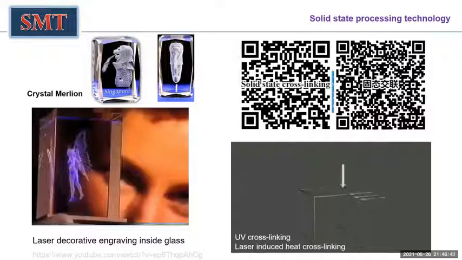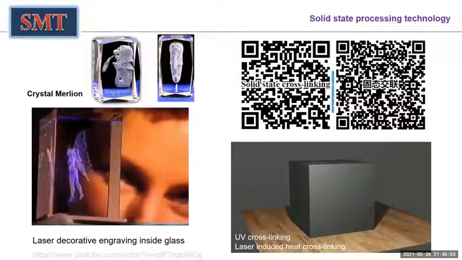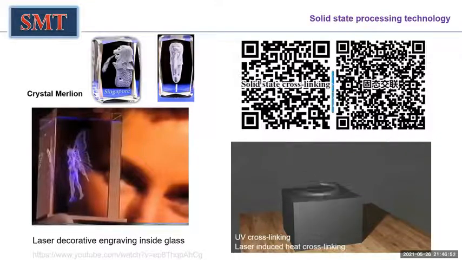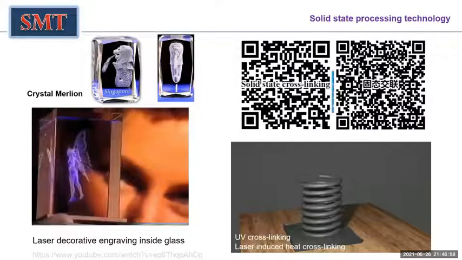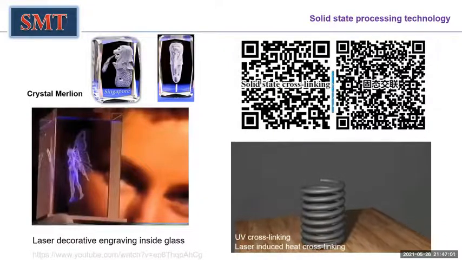So whether there's gravity, non-gravity, microgravity, or even severe random vibration, it doesn't matter. Later we can remove the uncross-linked part, and the remaining, in this case, is a solid spiral spring. This is the cross-linked part. So basically it's the idea of solid state additive manufacturing.